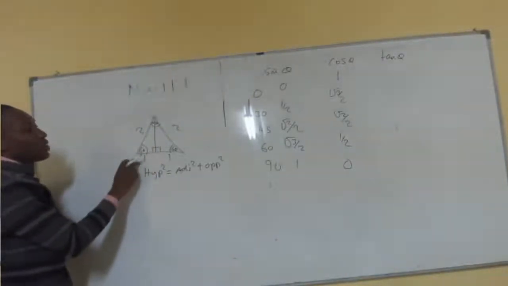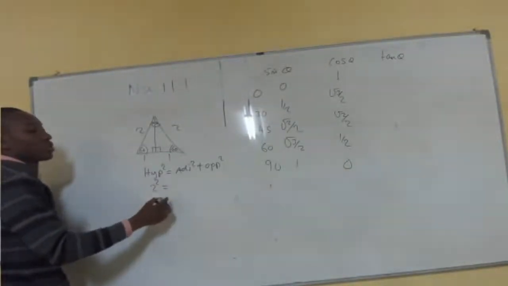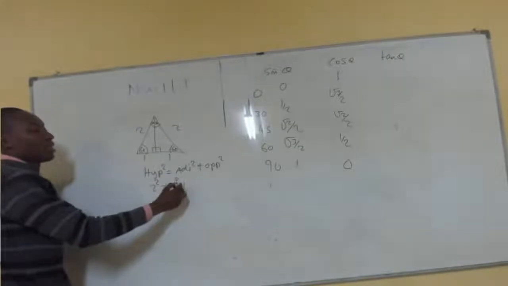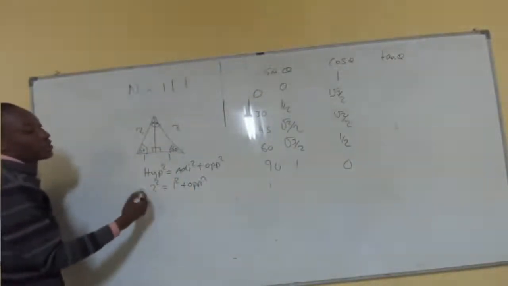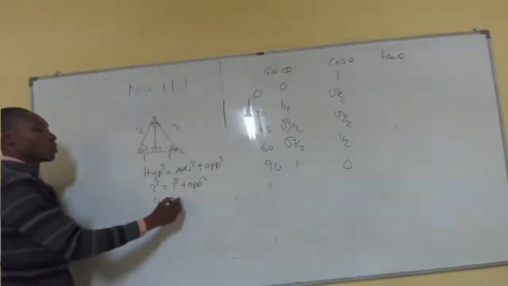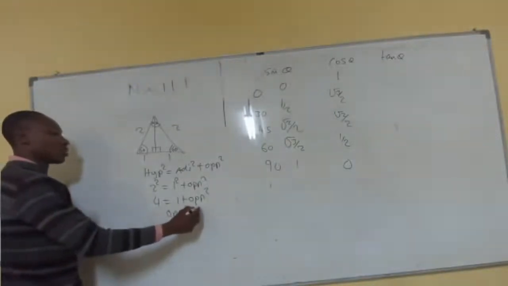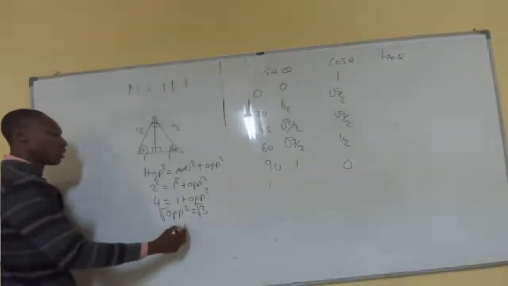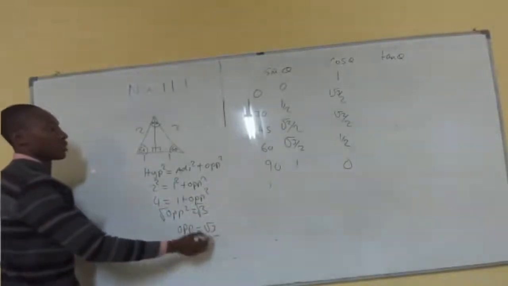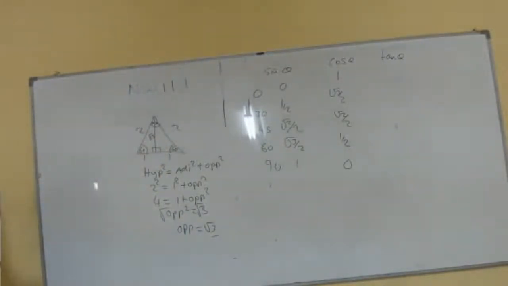The hypotenuse is 2, so 2 squared equals 1 squared plus opposite squared. So 4 is 1 plus opposite squared, so opposite squared equals 3. Take the root on both sides, the opposite is therefore root 3.